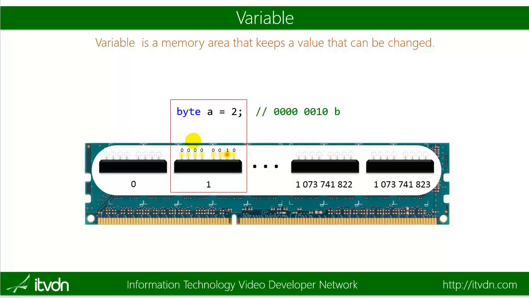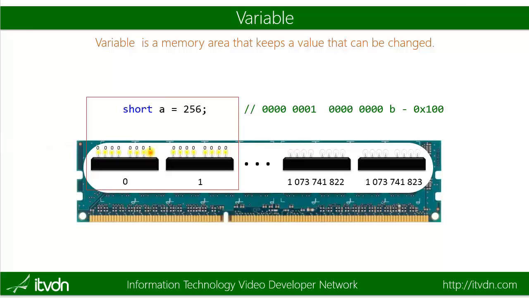Let's go to another slide and see what happens. Here we have short A, which is 256. I told you that 255 is the maximum that a byte can hold. So what if you want a value that is more than 255? What you do is simple.